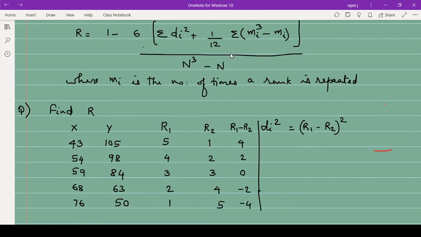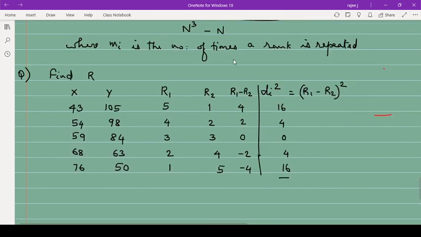Then di square means square of this. So 16, 4, 0, 4, 16. Then summation, put all this in a box. Summation di square means sum of all this.